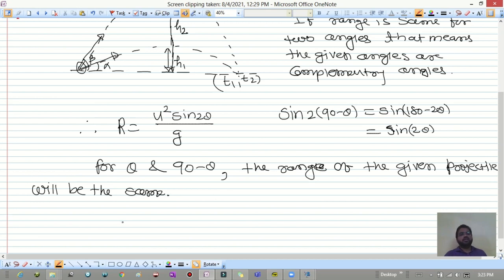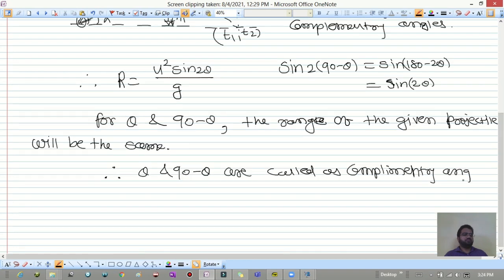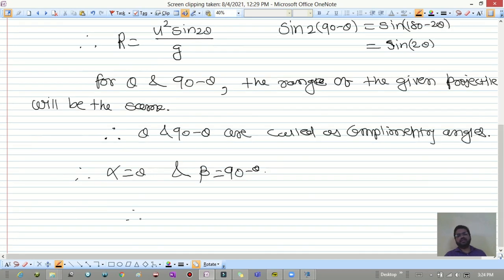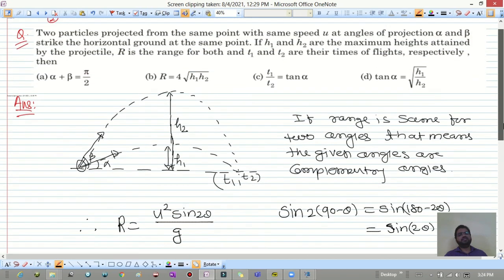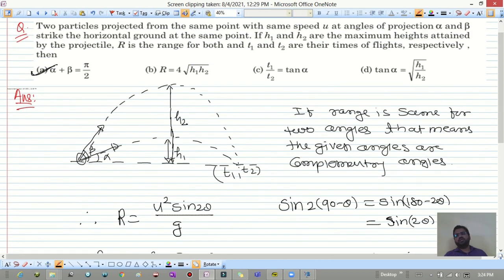So therefore theta and 90 minus theta are called complementary angles. So if alpha is theta, then beta must be 90 minus theta, and therefore alpha plus beta must be equal to 90 degree, which is equal to pi by 2 radian, or else 100 grade also we can write. So over here first option correct.